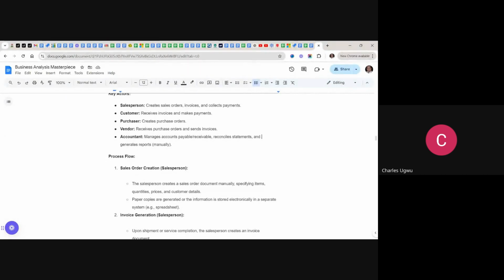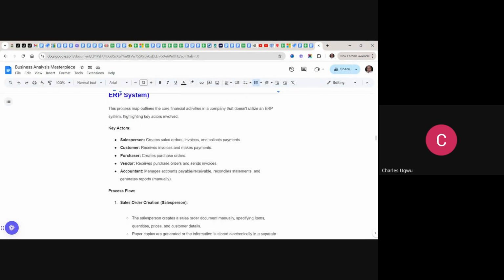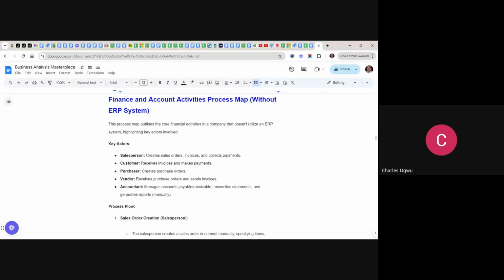So first, you as a business analyst, you have identified these key actors. They are stakeholders. All these key actors here are stakeholders. So if you plan to capture requirements during requirement gathering, these people are the people we are going to focus on to understand the key challenges within finance department.